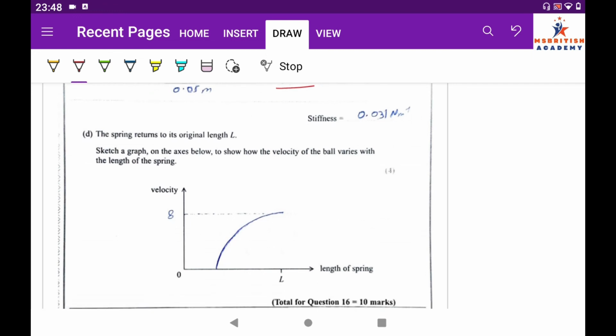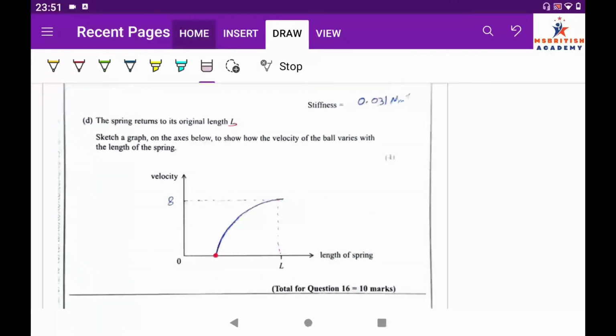Okay, the spring returns to its original length. After stretching, the spring will return to its original position. Sketch a graph on the axis below to show how the velocity of the ball varies with length of the spring. The original length of the spring is L meter.